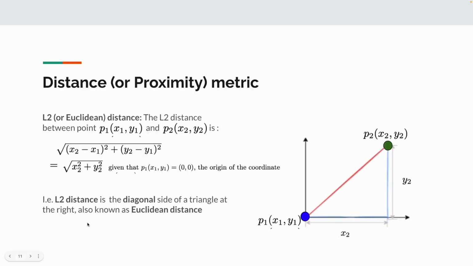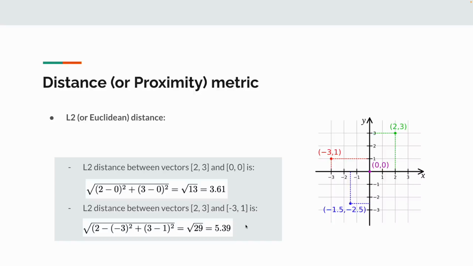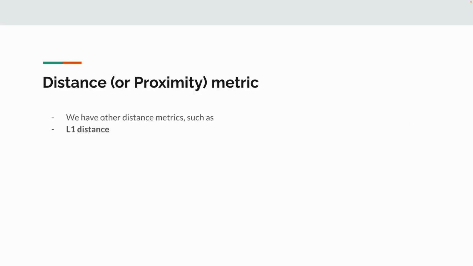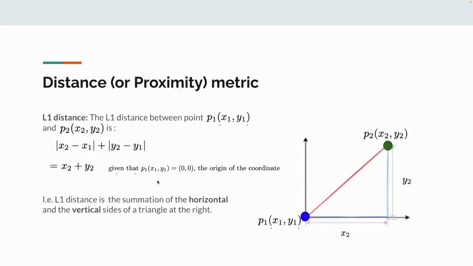Okay. We are actually already aware of the L2 distance or the Euclidean distance, but there are many other distance metric definitions available. And the second one is the L1 distance. Okay. So L1 distance, the absolute difference between x2 and x1 plus y2 and y1.